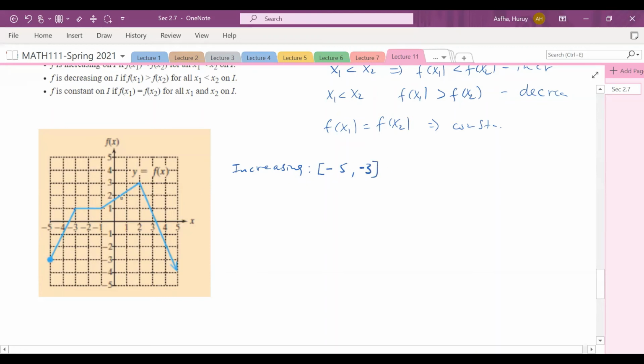There is another one from -1 to 2. Union means we are combining the two of them together: -1 to 2. And then decreasing.